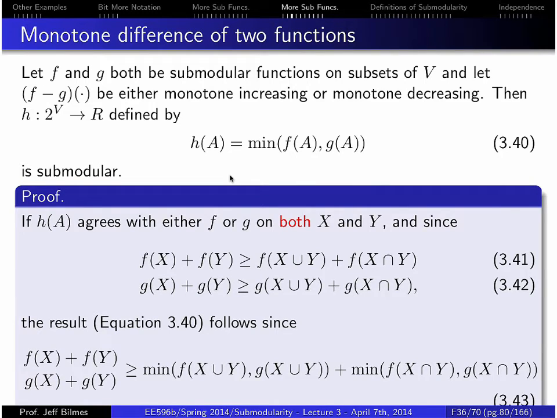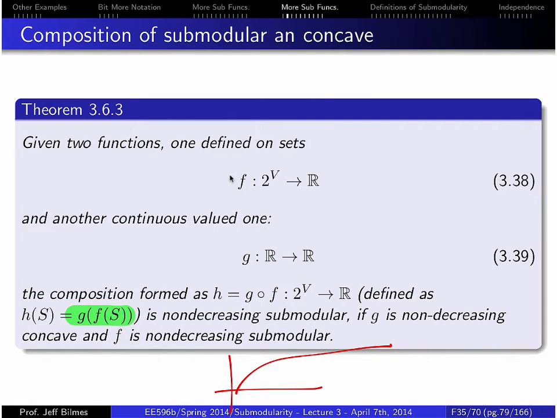Now, what about mins? Is concavity preserved by taking the min? We saw that submodularity sort of shares this, and we're going to see this in a lot of ways. Here we're taking concave functions and composing them with submodular functions, or with a modular function, and we're getting a submodular function.